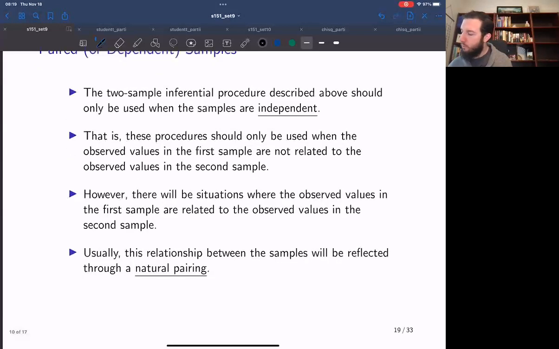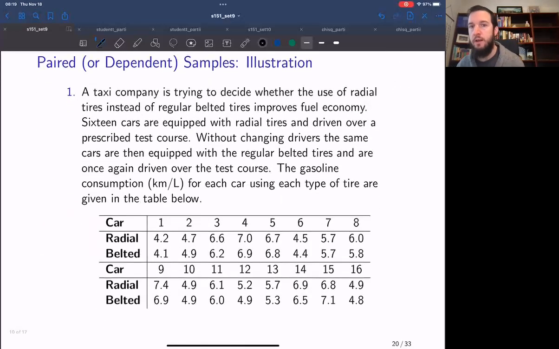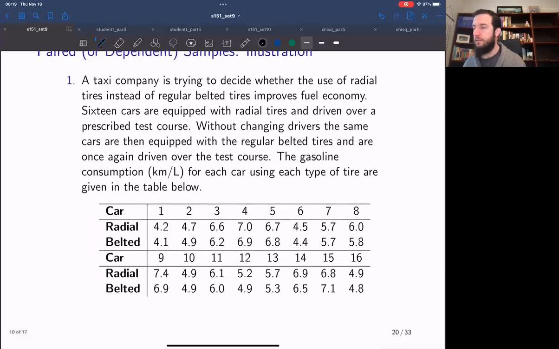All right. So when this happens, we have what is called a natural pairing, and we can no longer assume independence between the samples. All right, so on slide 20, we have an illustration of a data set that emits a natural pairing. So we have a taxi company trying to decide whether the use of radial tires instead of regular belted tires improves fuel economy.